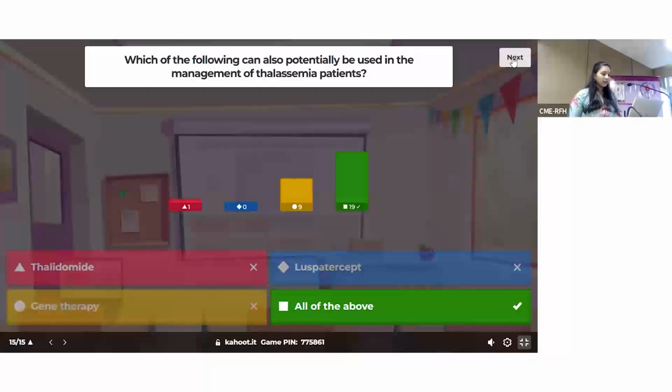So all of the above. Thalidomide has shown great promise. Luspatercept is also upcoming with various clinical trials showing promising results. Gene therapy is still far, but yes, potentially is a cure. So yes, all of the above can be used.